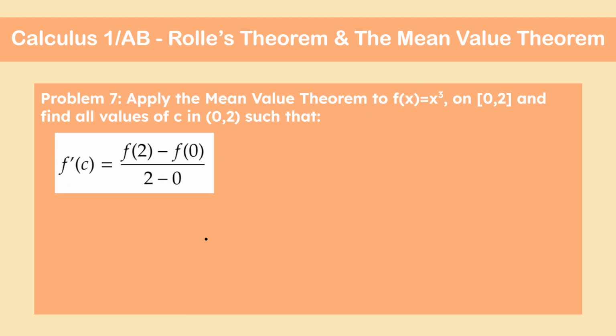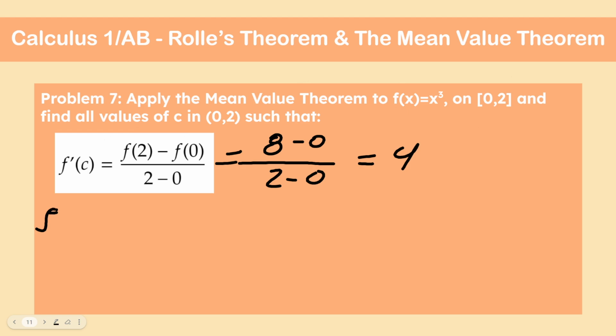Okay, so now we're going to do the same thing, but for x^3 on the closed interval 0 to 2. So we're going to solve for the secant line. We're going to start with the right endpoint. f(2) will be 8. f(0) will be 0. All over 2 - 0, which should just be 4. So now we're going to take the derivative, and we get that the derivative is equal to 3x^2.